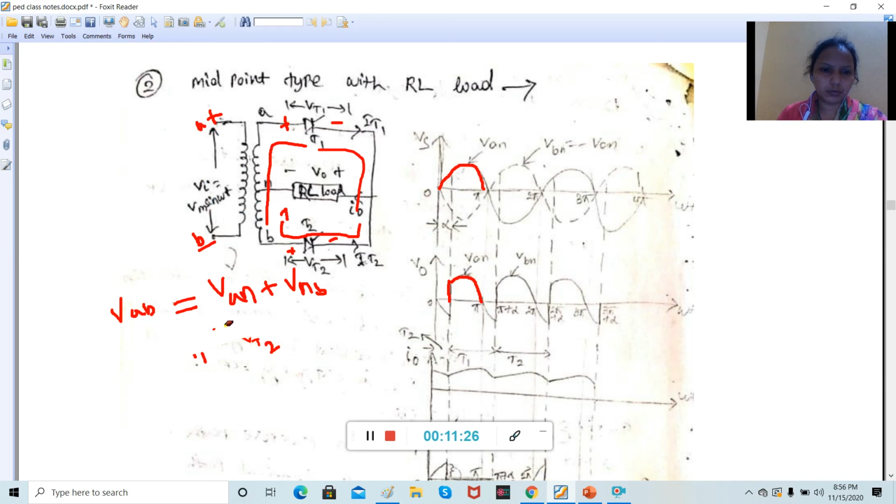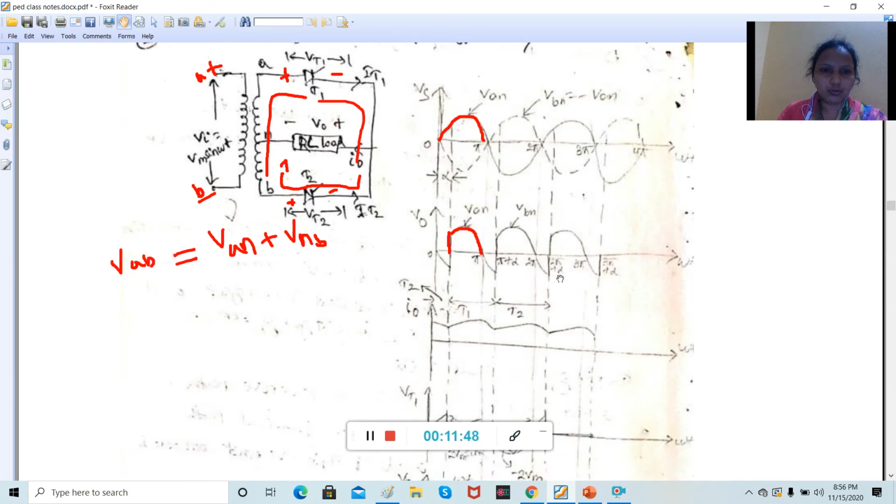I'll just show you the whole equation here. In this path we will apply the KVL equation. This equation becomes minus Vt1, then plus Vt2, then plus Vnb, then plus Van, equals 0.